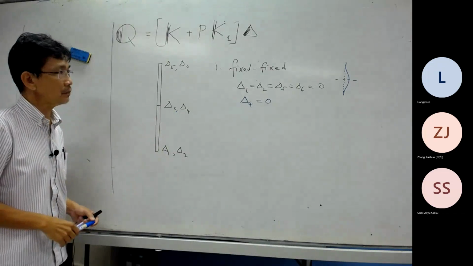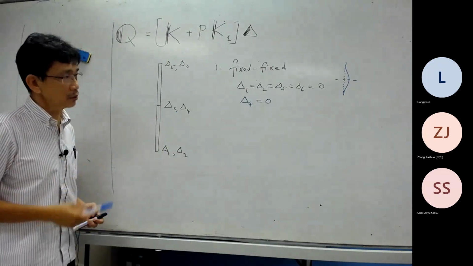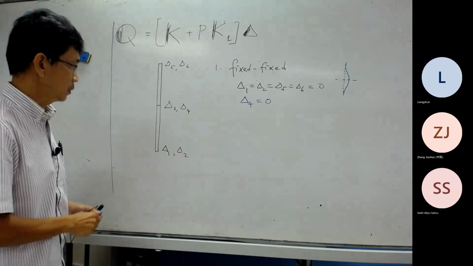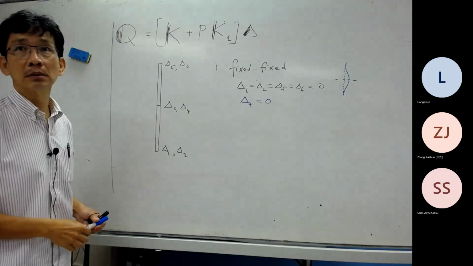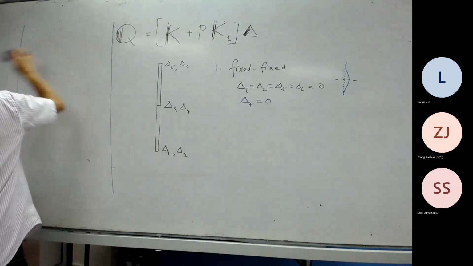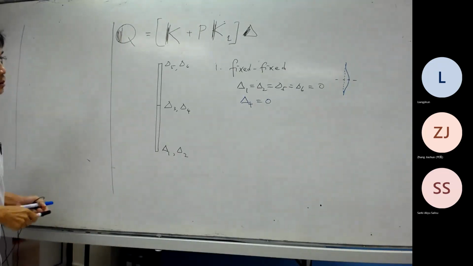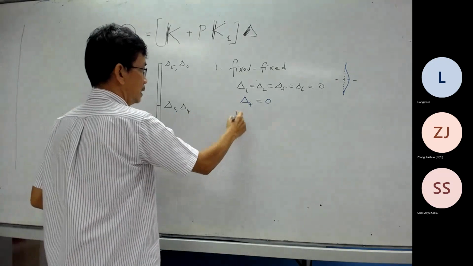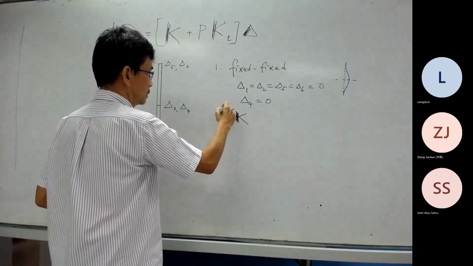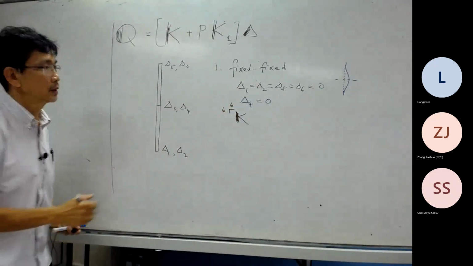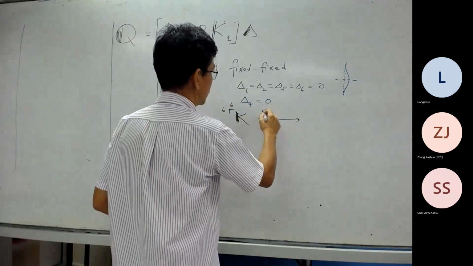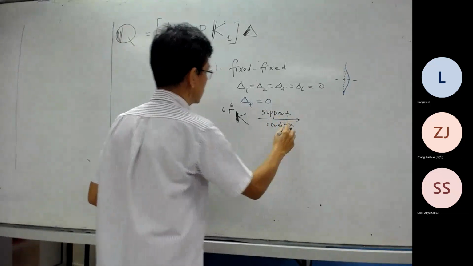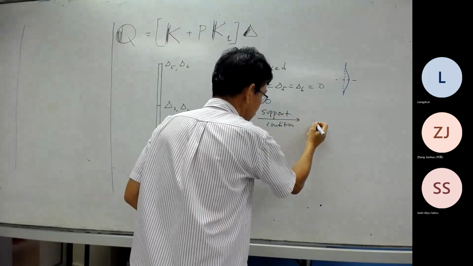So we additionally restrict that to the buckling mode that we know. So with this, the only non-zero will be delta 3. The K matrix, which is originally 6 rows and 6 columns, when you consider the support conditions, this K becomes very small.